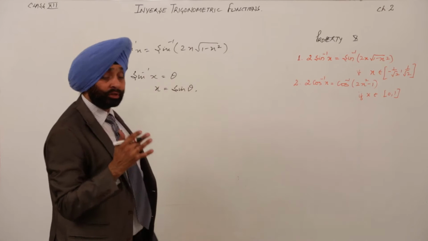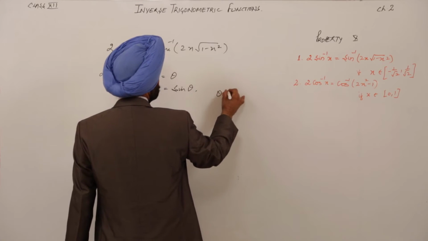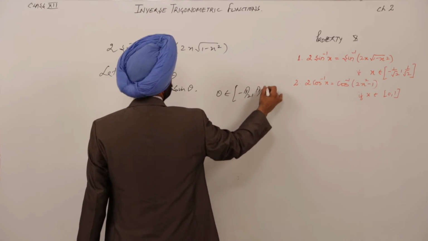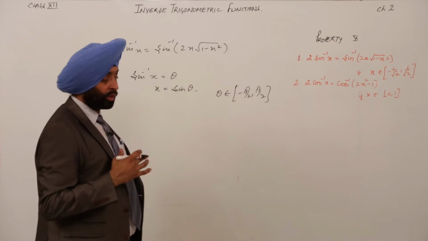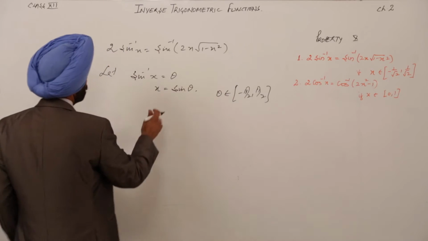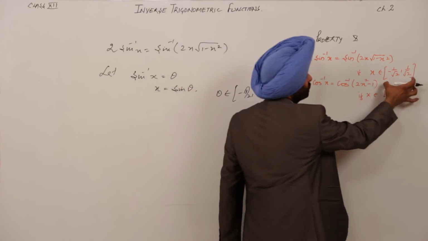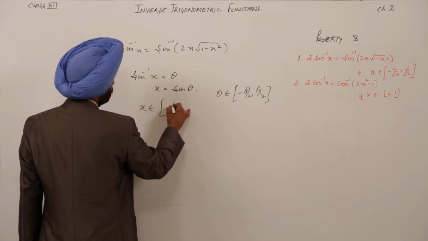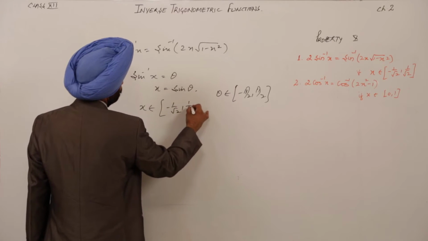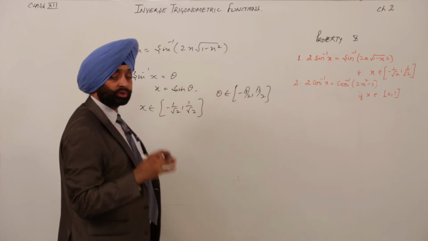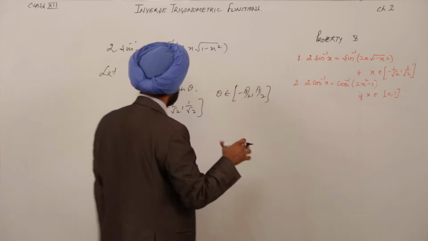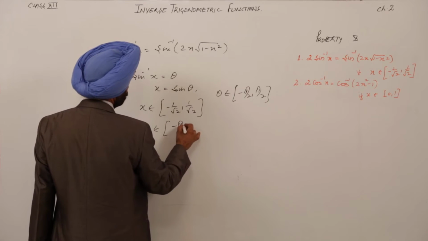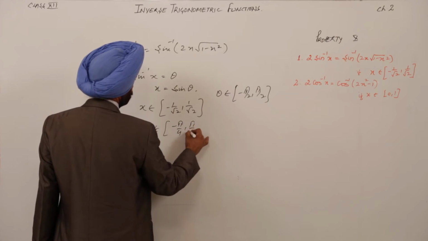Now theta belongs to minus pi by 2 comma pi by 2 as the principal values. Okay, we know that theta belongs to this. Now what does x belong to? Here x belongs to minus 1 by root 2 comma 1 by root 2, that is, x belongs to sine of minus pi by 4 to pi by 4.